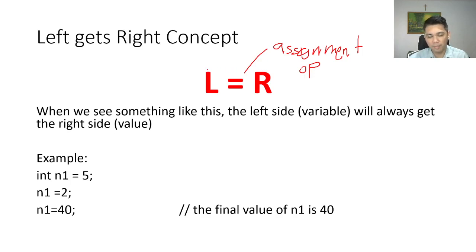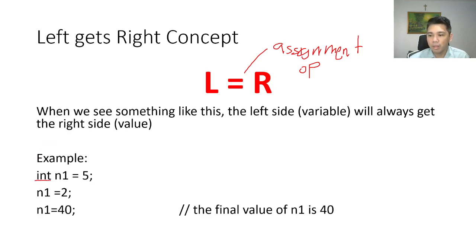So the left gets right concept dictates what value a variable will have. The left side always gets the value of the right side. Or in short, the variable on the left will get the value on the right of our statement. So let's have an example.